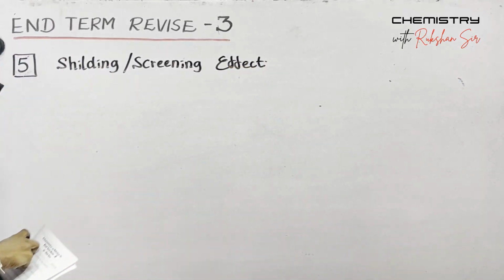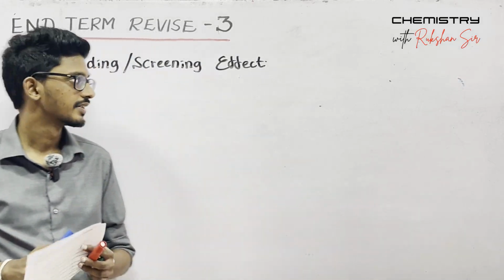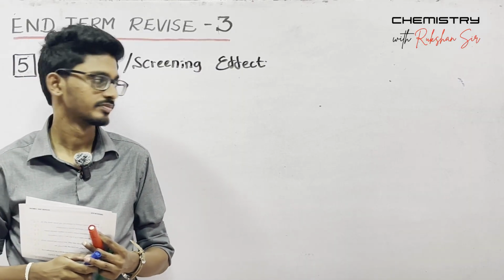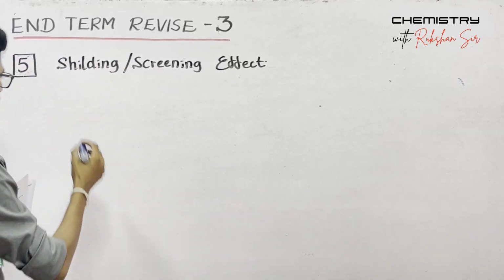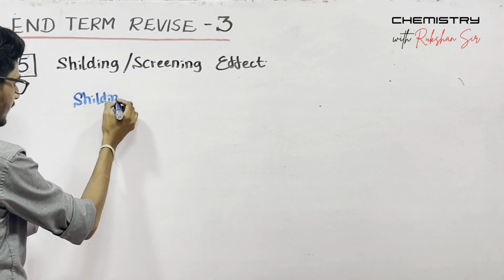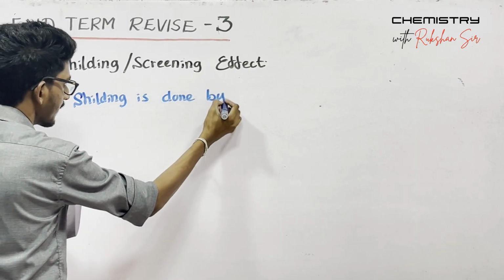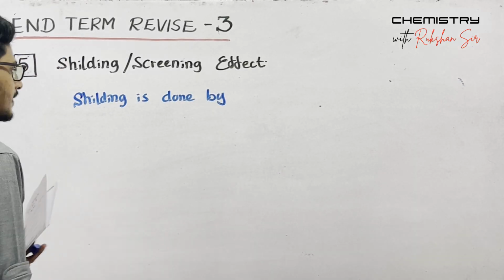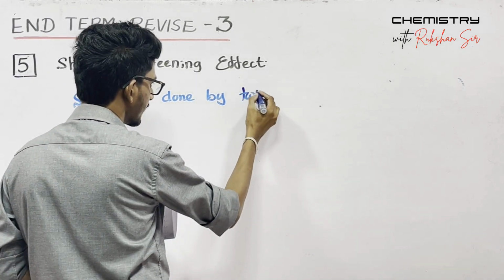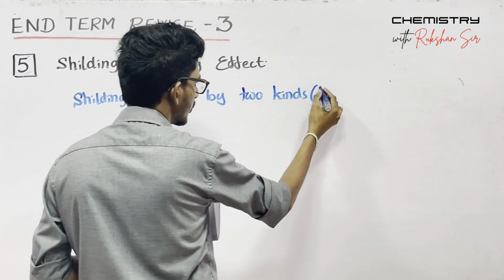Right, actually for screening or shielding, two kinds of electrons matter. Shielding is done by two types of electrons.